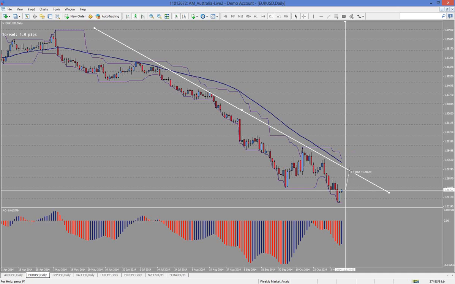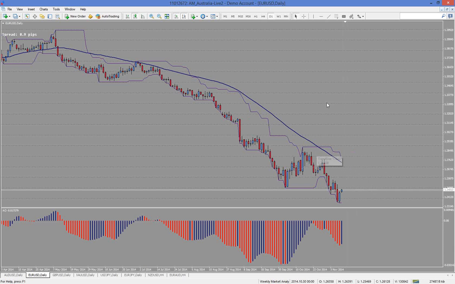There's about 150 or 180 pips towards that line in any case. Okay, so there is room over there. And on the plus side, if we do cross that line, it really opens up a lot of room in that direction. Okay, fantastic. All right, so that's the Euro USD.